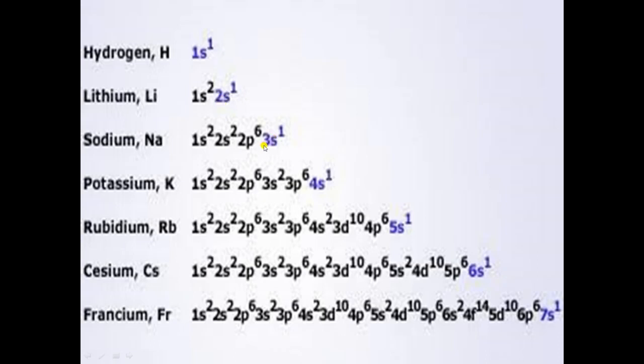Here n is equal to 3 and sodium is present in the third period. Here the value of n is 4 and potassium is present in the fourth period. Here 5s1, the value of n is 5, fifth period. Cesium is present in the sixth period and the value of n is 6, and francium is present in the seventh period, and the value of n is 7.